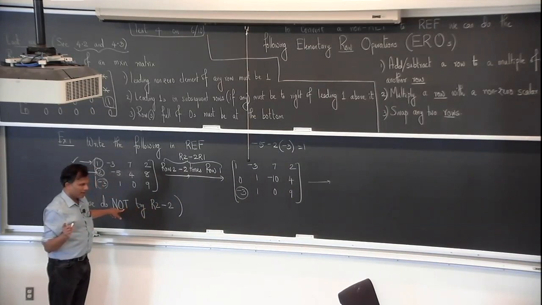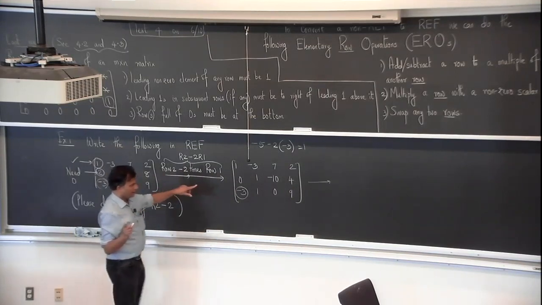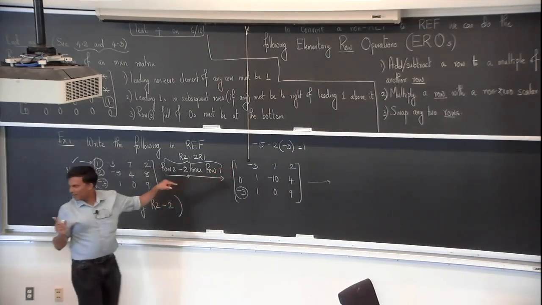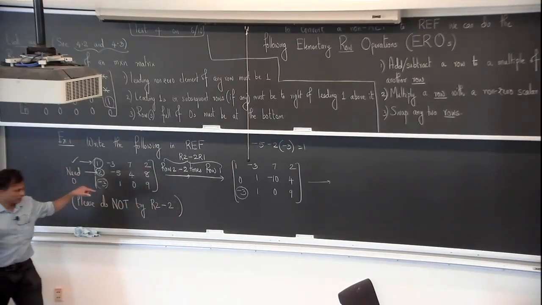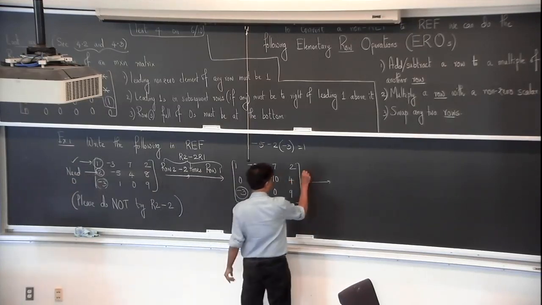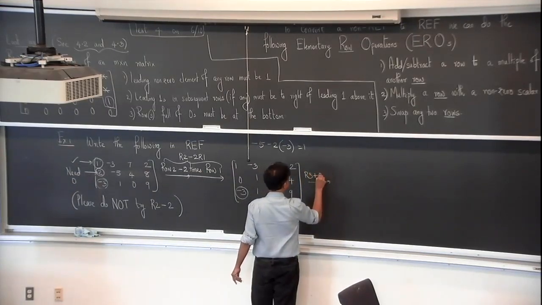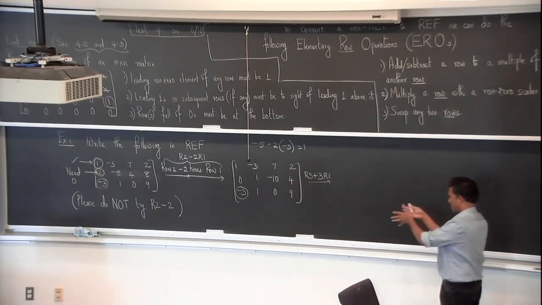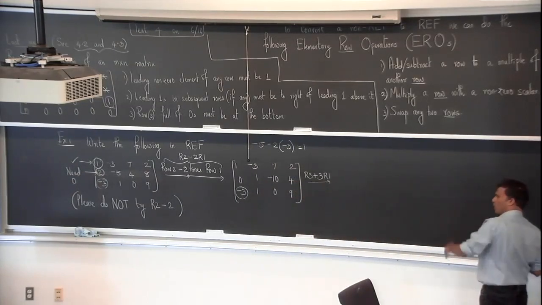Not this kind of add 3, no. Okay. So which row are we going to use here? R3 plus 3R1, yeah. Is that what we're trying to say? Okay. So when you said add 3, it seemed like you're just adding the number 3 there. So add R3 plus 3R1. Okay.